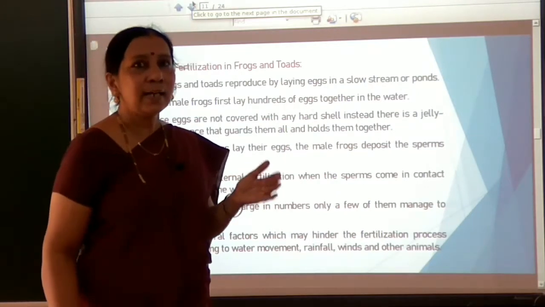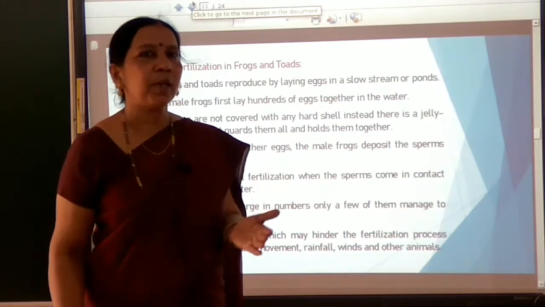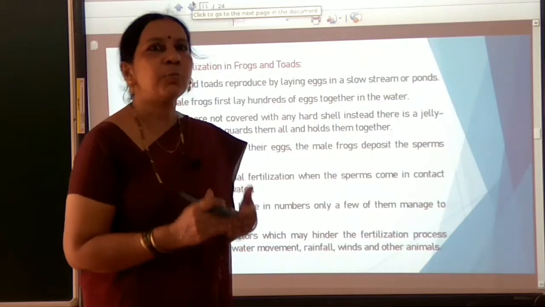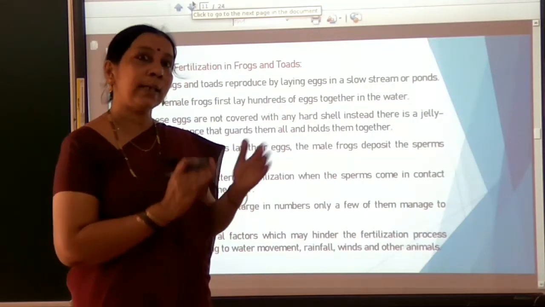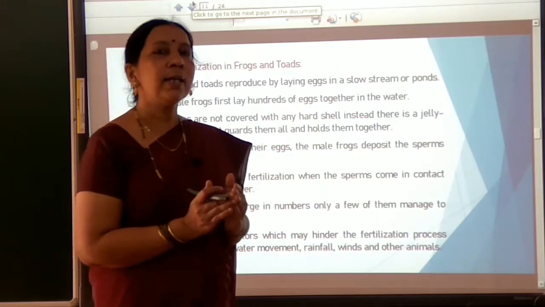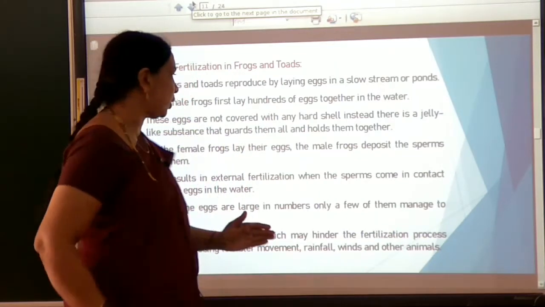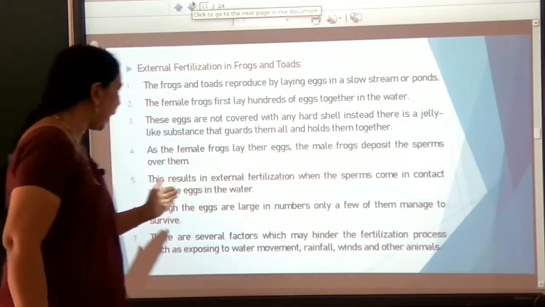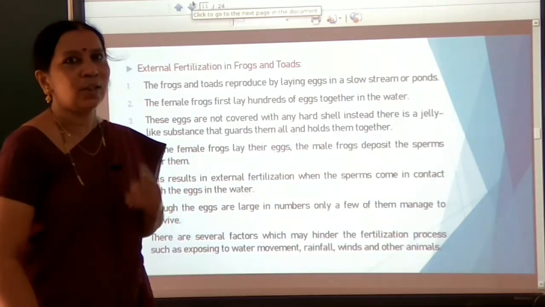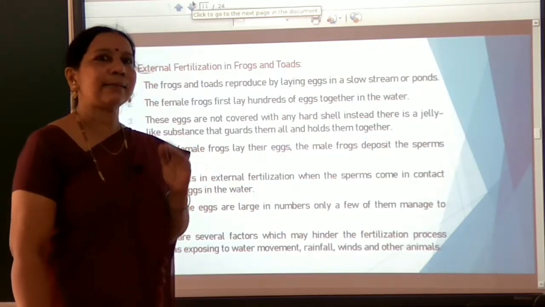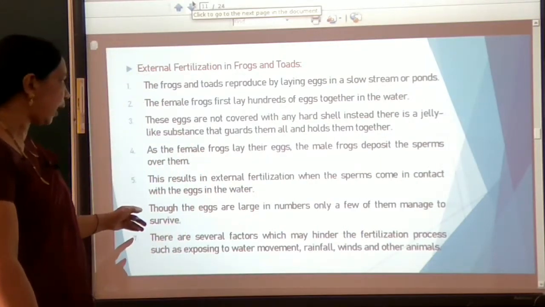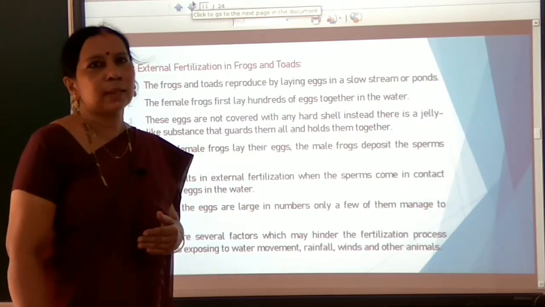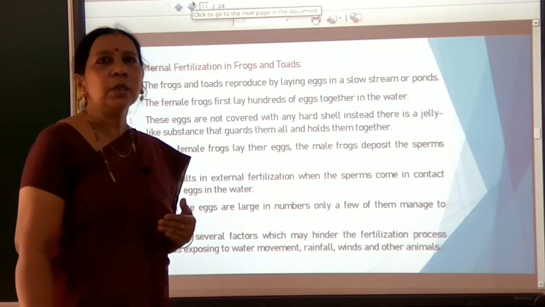See here, the eggs are released by the female frogs in water, and male frogs deposit sperms over the eggs in water, that is, outside the body of the female, so that fertilization occurs externally, and the sperms come in contact with the eggs in water. Then what happens? Though the eggs are large in number, very few survive and change into young ones.